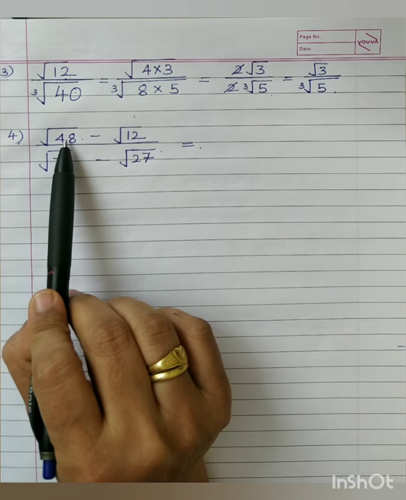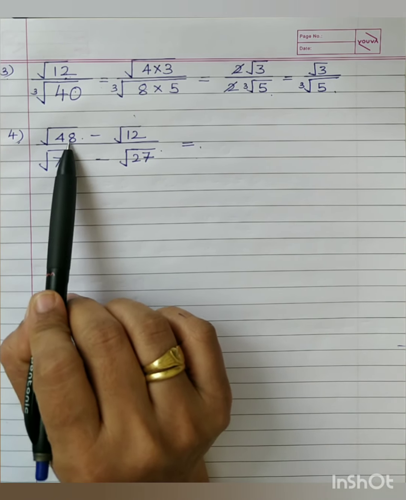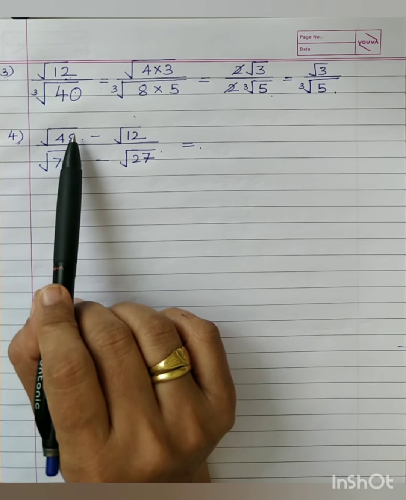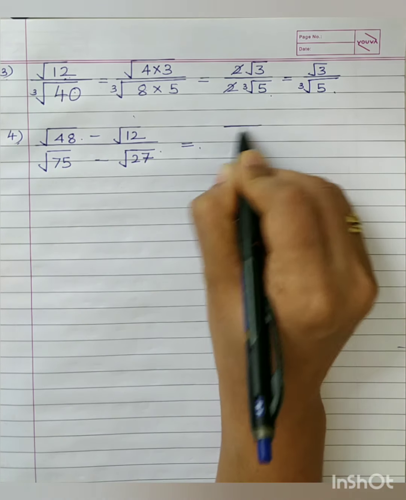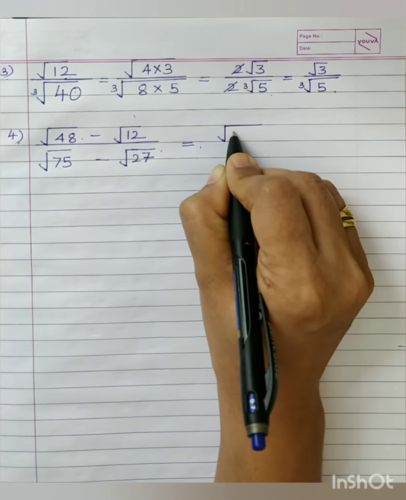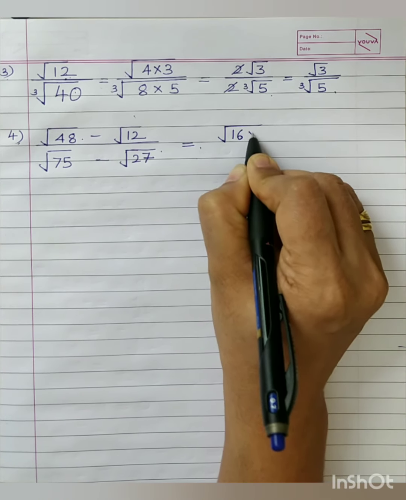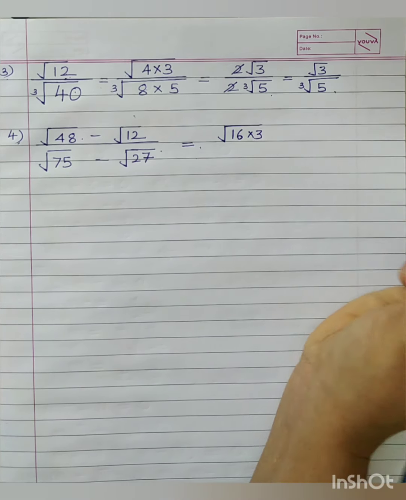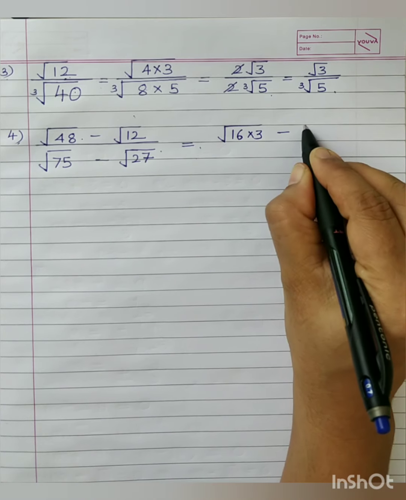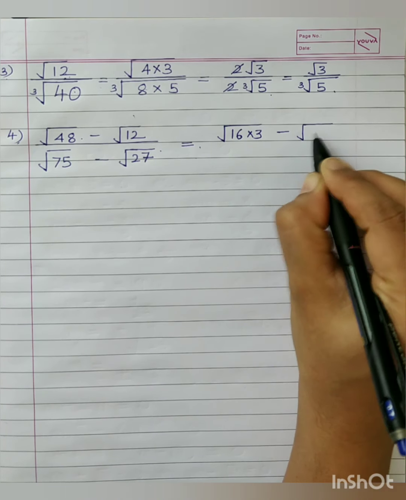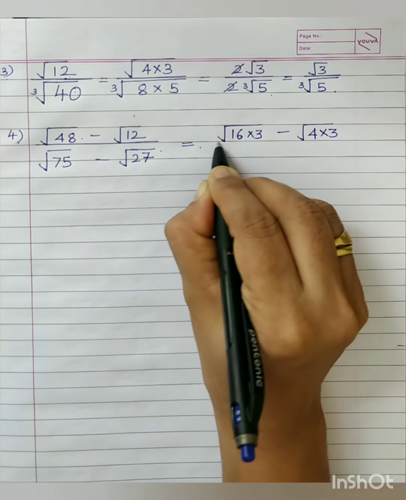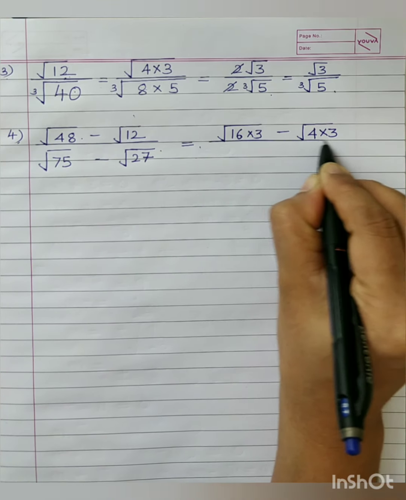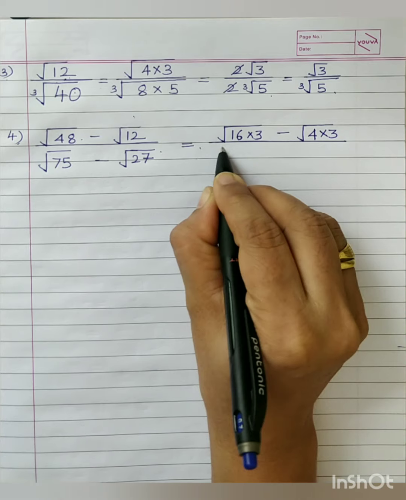So root 48, again search for a perfect square factor here. 16 3s are 48. So you write it as 16 into 3, minus root 12, you know very well. So many questions we have done. 4 into 3, upon 75 also.